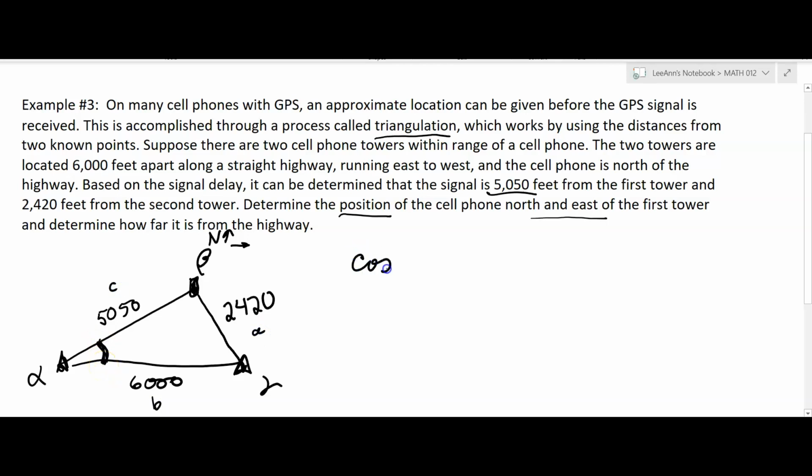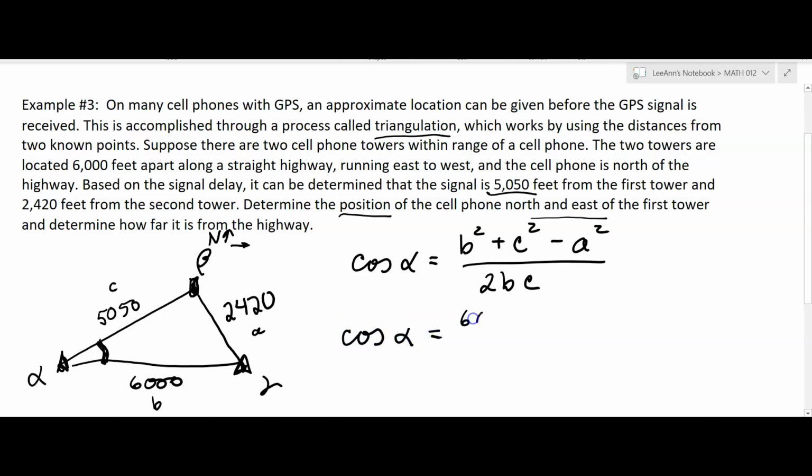So cosine alpha is equal to B squared plus C squared minus A squared, over 2 times B times C. This is that same formula we used before, right? Okay, so we're going to put all the numbers in. What was my B? 6,000 squared plus C was 5,050 squared minus A, which is 2,420 squared.